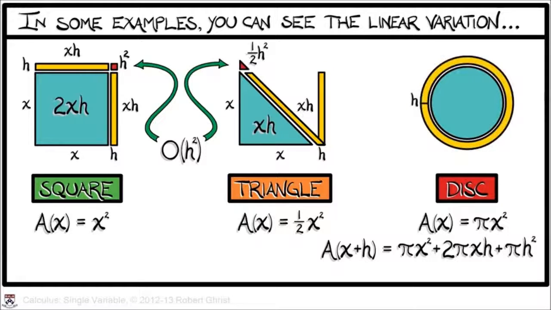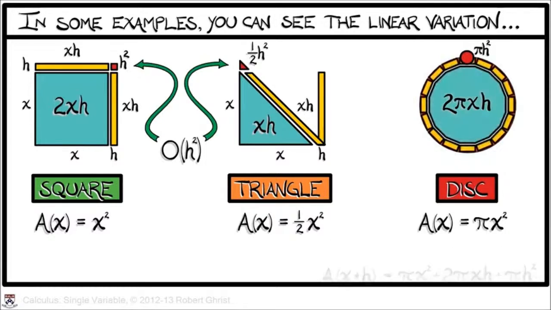That means if we increase the area a little bit, then the first order term has area 2 pi x times h, but then you've got this leftover higher order term. How does that work? That's a little harder to see.